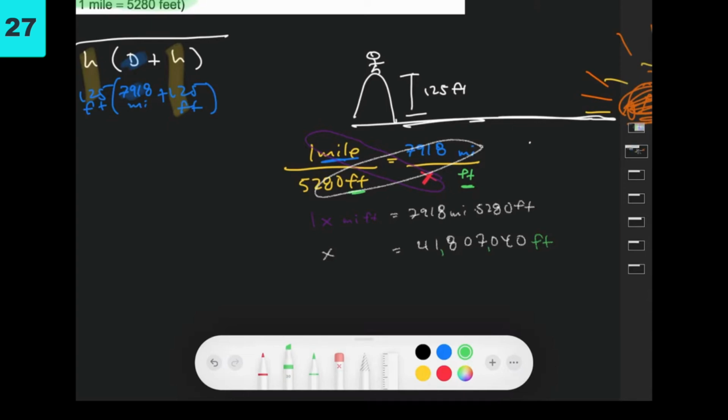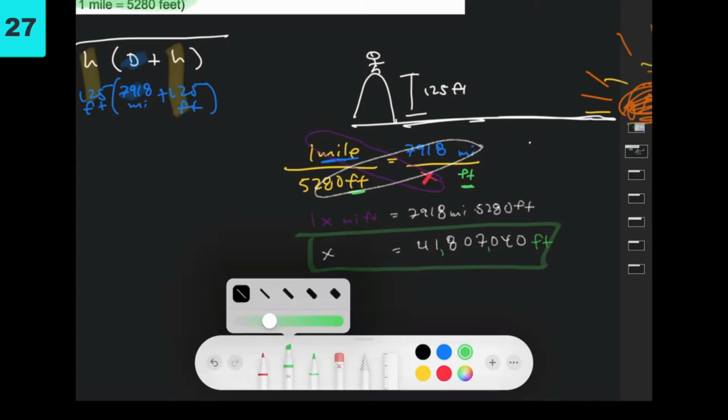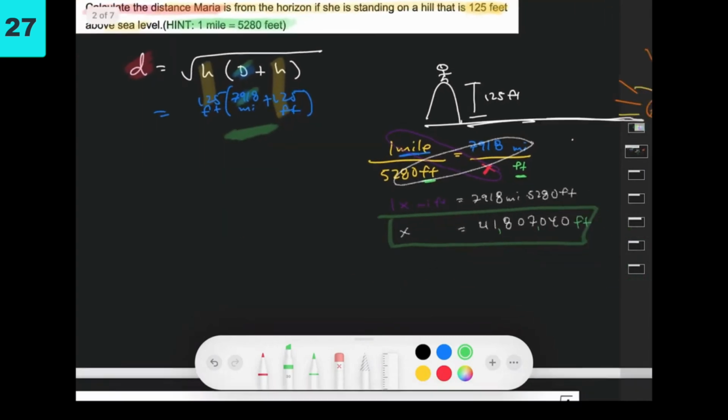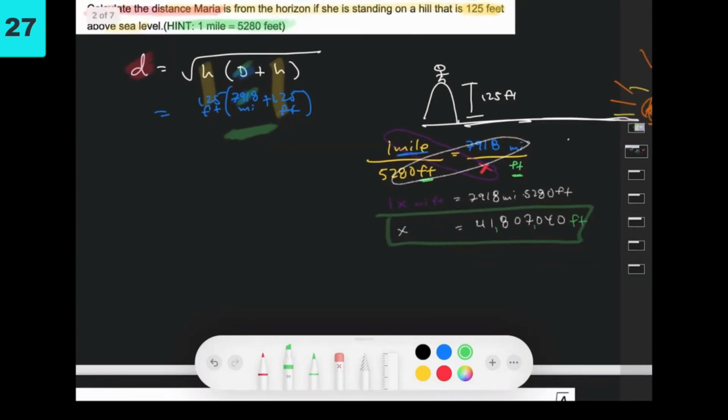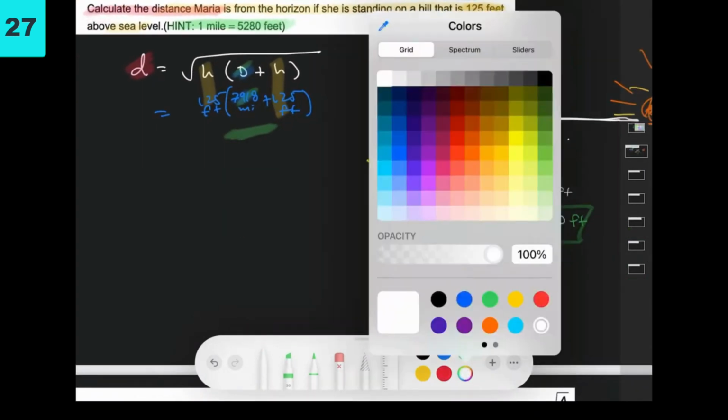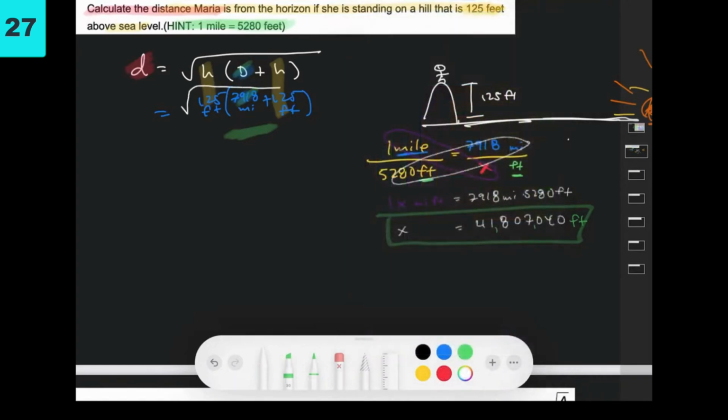Okay, this represents now the amount of the diameter measured in feet. Okay, so let's get all that in there. Remember, don't forget the square root, just like I did. Don't do that.